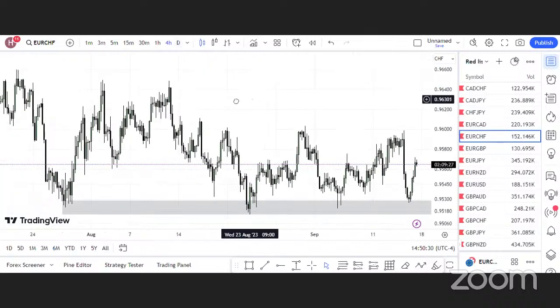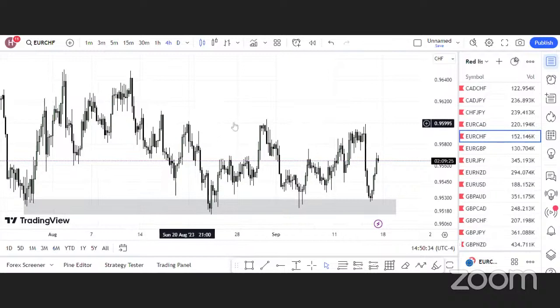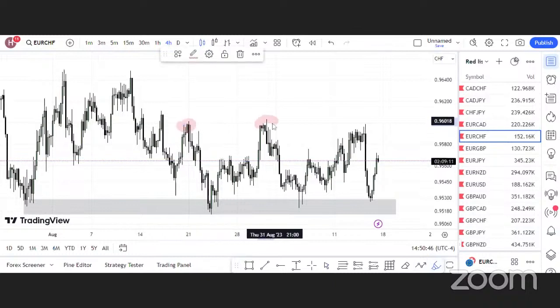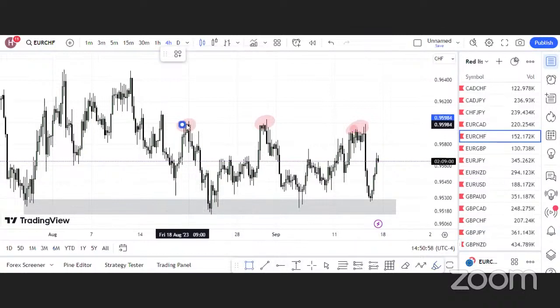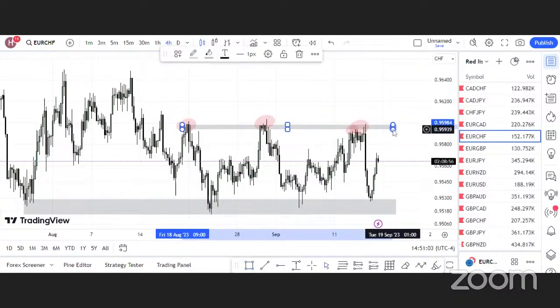So right now we have this, this, and this. What does that mean? That means we have areas where we can draw a resistance zone. So let's say we are doing it this way.